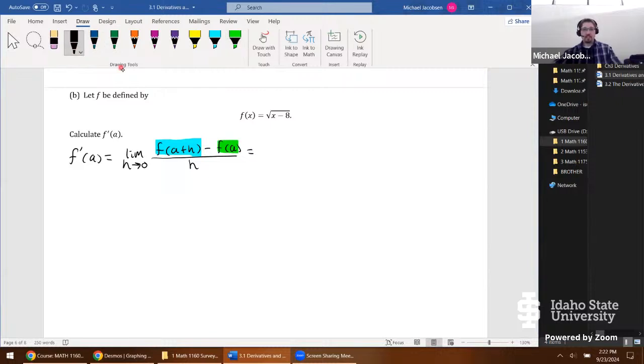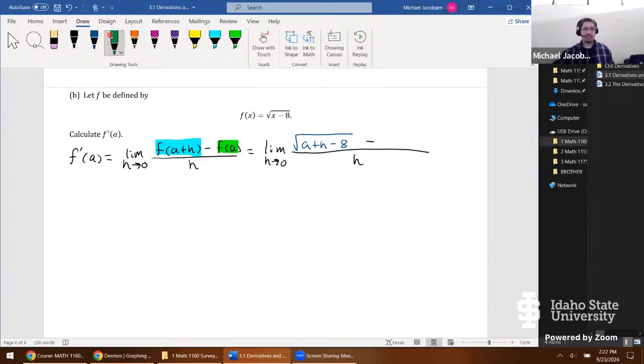When we plug in the function values, the f of a plus h, for example, turns into the limit as h goes to 0 of, first in blue, a plus h just goes right here for x. So it's square root a plus h minus a.